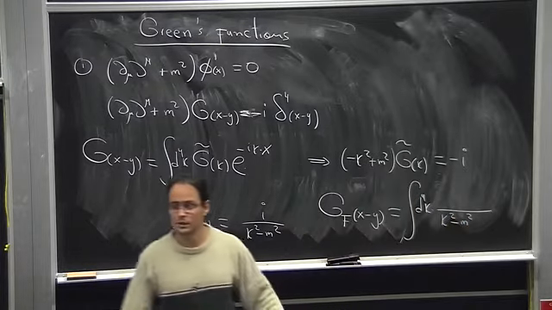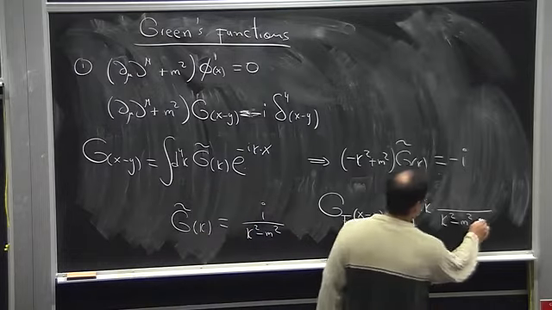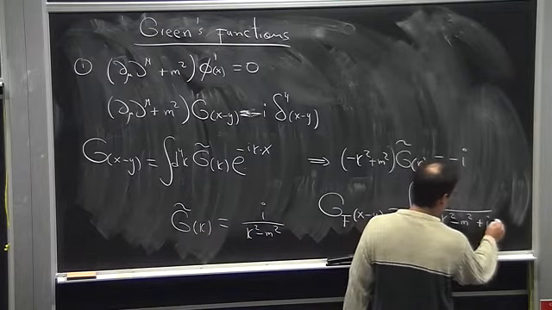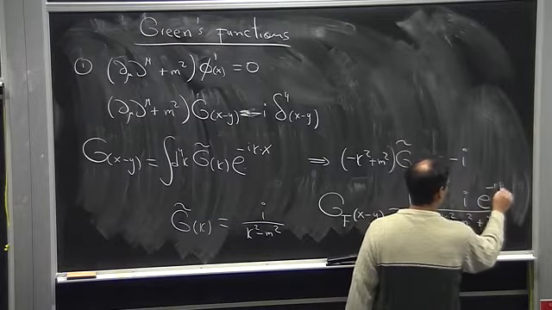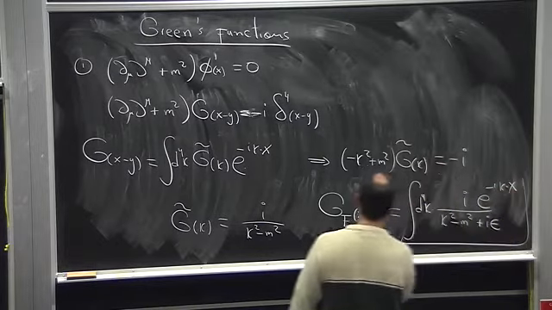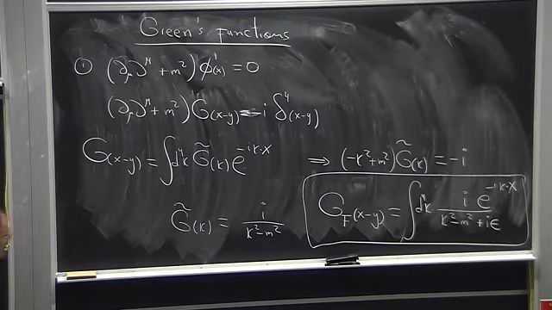Actually, he was even smarter. Instead of telling us the contour, he moved the poles and kept the contour fixed. And we had this. So this is what we had in the case of the scalar field.